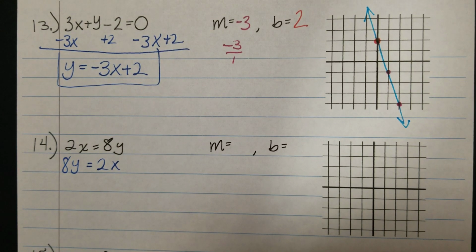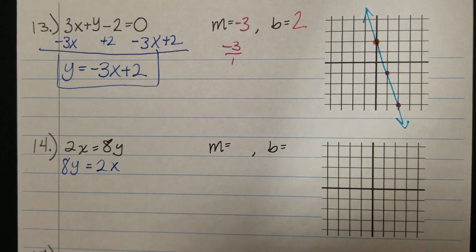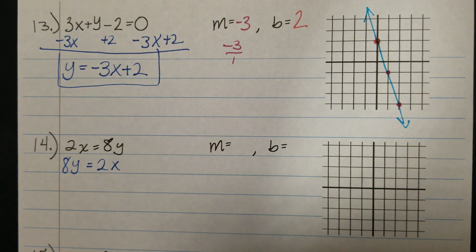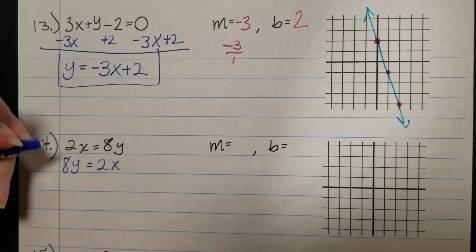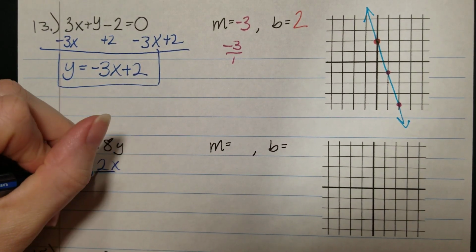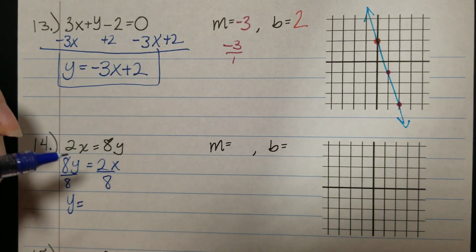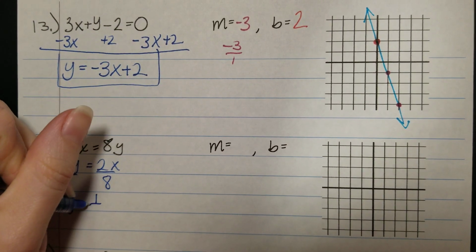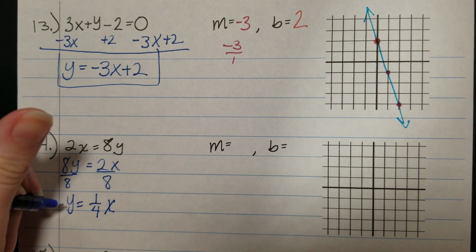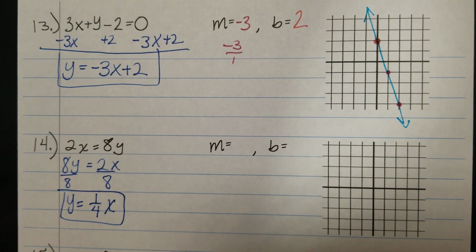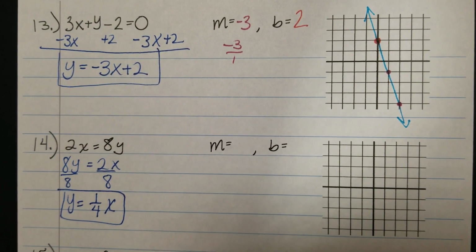So I'm going to divide both sides by 8 to get y by itself. So 2/8, that's going to reduce to 1/4. So it's going to be y equals 1/4 x.